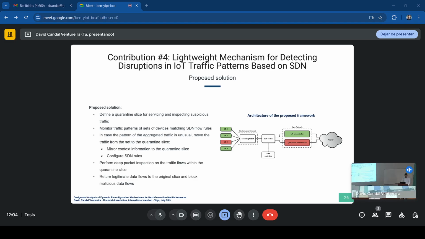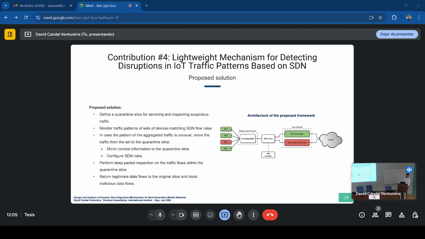To do this, an SDN application will monitor the volume of traffic of the data flows and compare this value with the expected value. Data flows that present suspicious behavior, that is those that differ from the expected load, are redirected to an isolated network slice and analyzed with a regular inspection function.